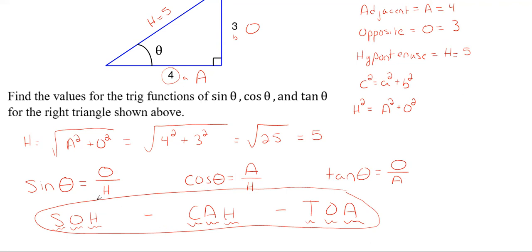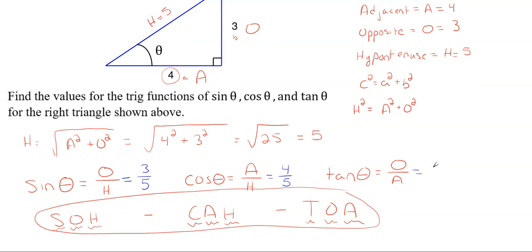So let's actually fill these in now with the numbers that we have. Let's just change our coloring real quick to blue. So for the sine of the angle, we will have our opposite over our hypotenuse, which is 3/5. And then the cosine is the adjacent over the hypotenuse, which is 4/5.